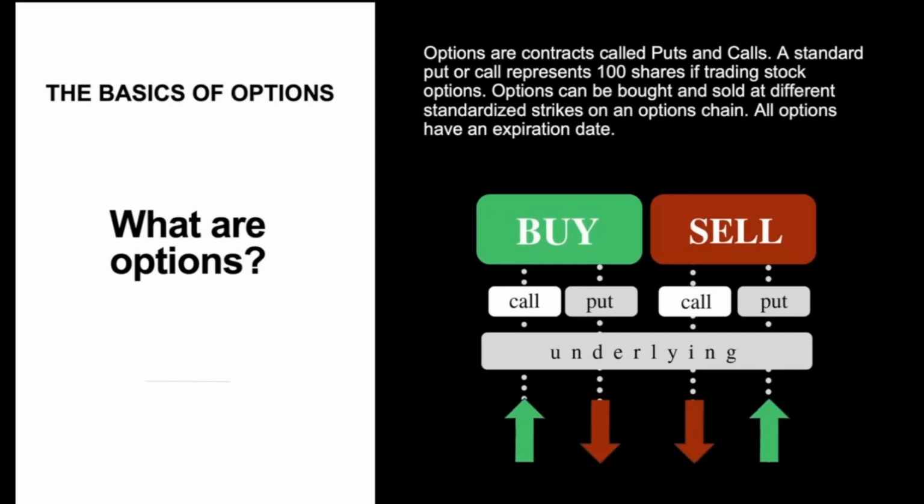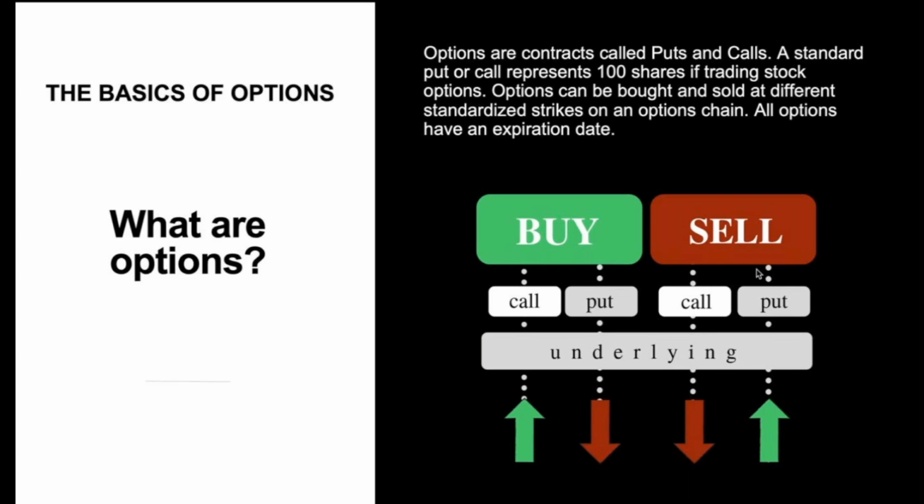These are the basics of options regarding the first pillar. You can't get around this, you guys. The buyer of an option, let's say the call, the textbook definition: the buyer of the call has a right but not an obligation to purchase at a strike price. On the put side, the buyer of the put has the right to sell but not an obligation at the strike price. Okay?